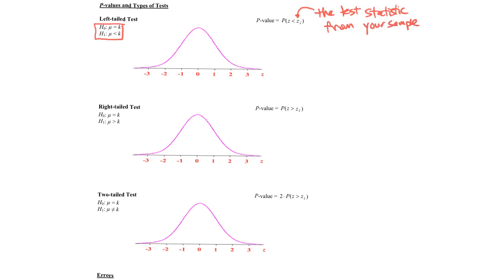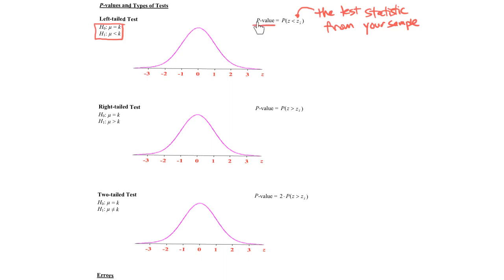So in the example that we did, our test statistic had a z-score of -2. And so the p-value is just the probability that z would be less than -2, or less than or equal to. Again, it's continuous, so it doesn't matter if you put the less than or the less than or equal to. So this p-value, if you remember, do you remember what the p stands for?